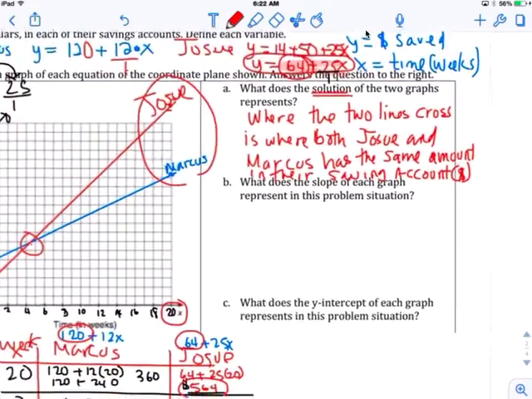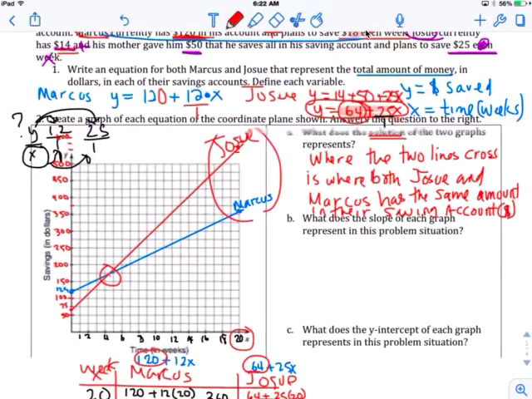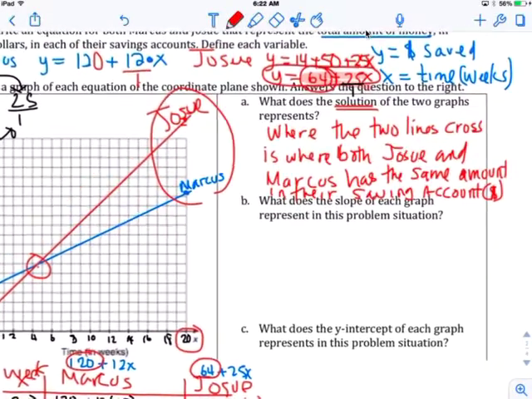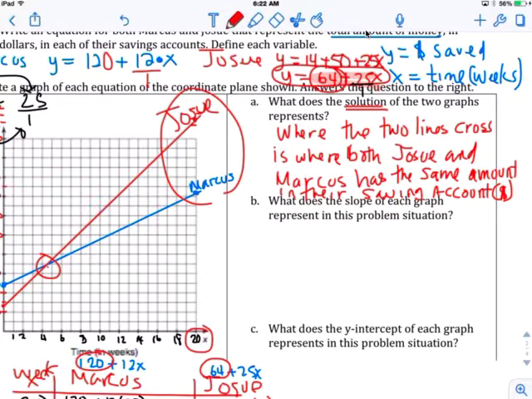What does the slope mean? Slope means each graph. Okay? So what does the slope mean? Oh, let me post the other one.